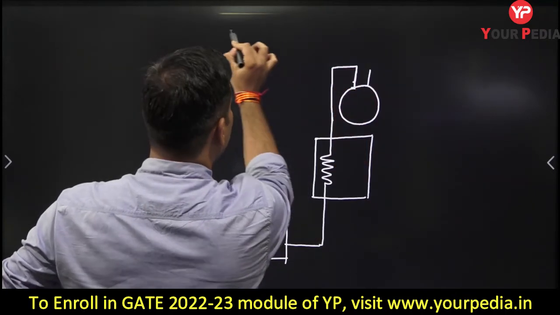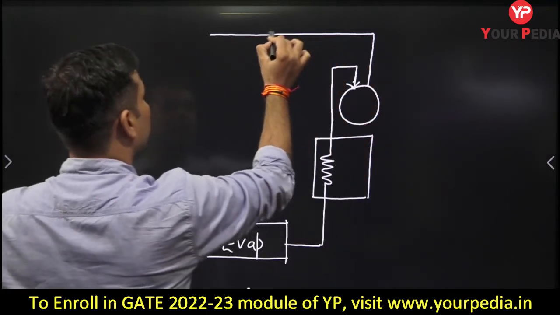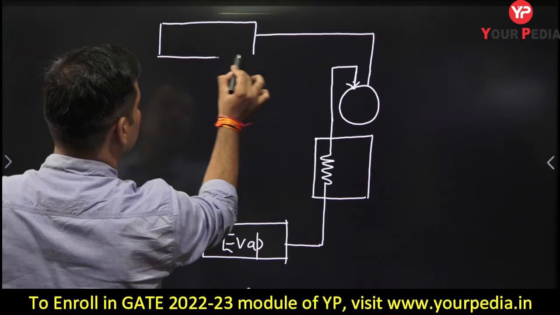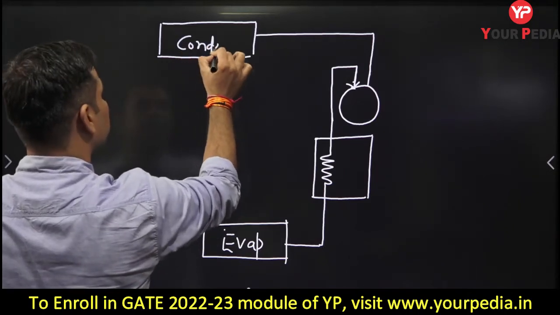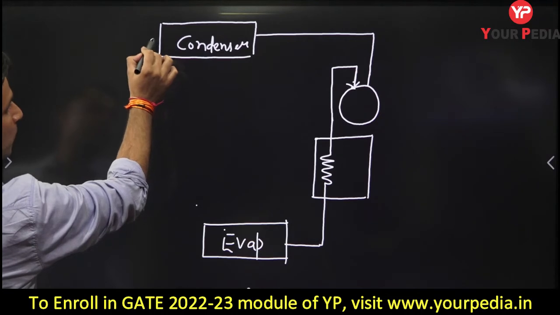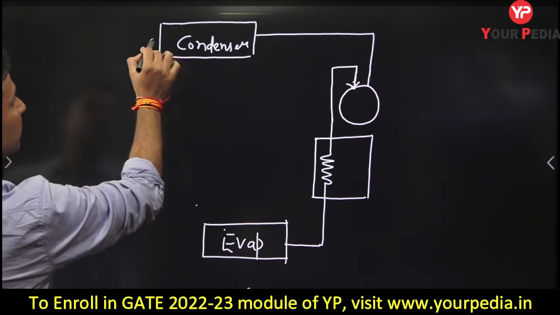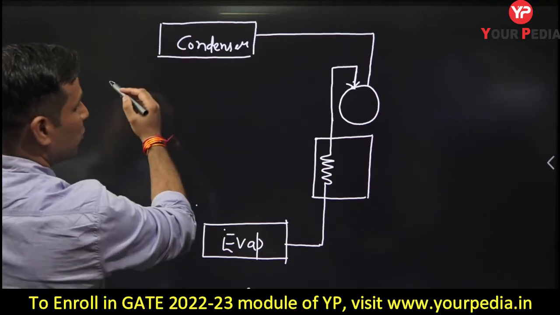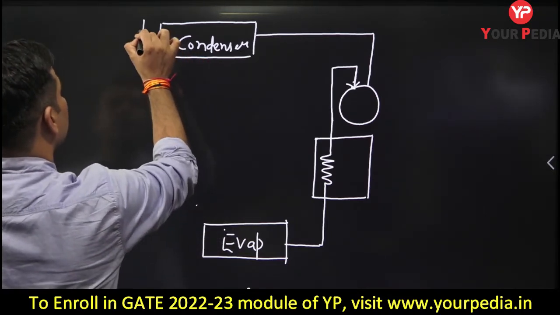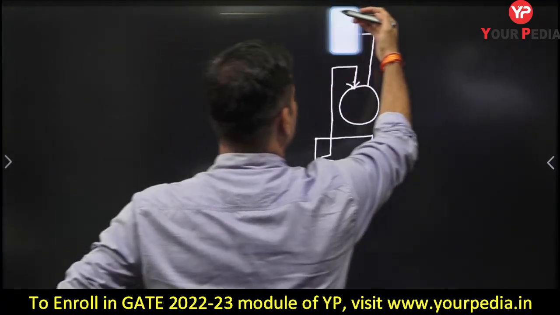Then at the end of the compressor, you will have a condenser here. This is the condenser. And at the exit of the condenser, what you will do is, this particular refrigerant, let me show it here only so that it will be easy to show.